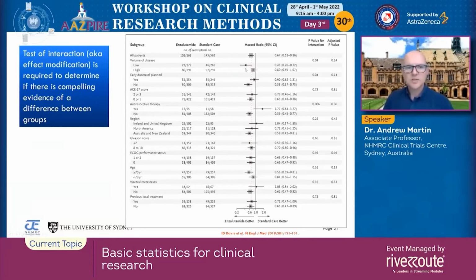And so it's not the individual p-value associated with each individual subset, it's the p-value comparing the hazard ratios across the two subsets that's of interest. And that's what we've got over here, the p-value for interaction. Whoops, I'm circling the wrong one. There it is. The p-value for interaction, 0.04.